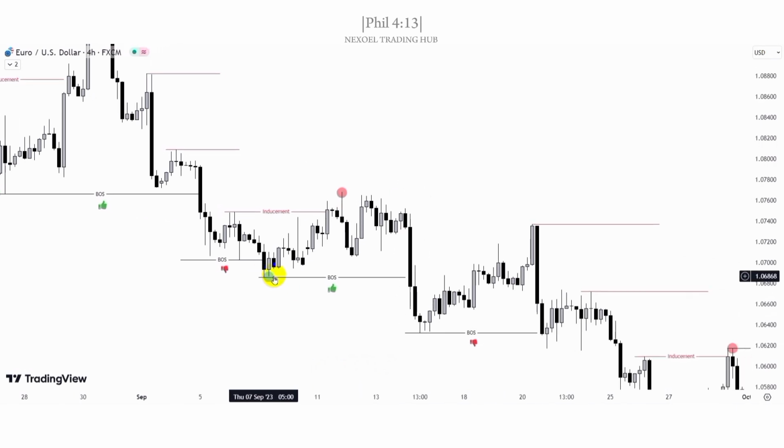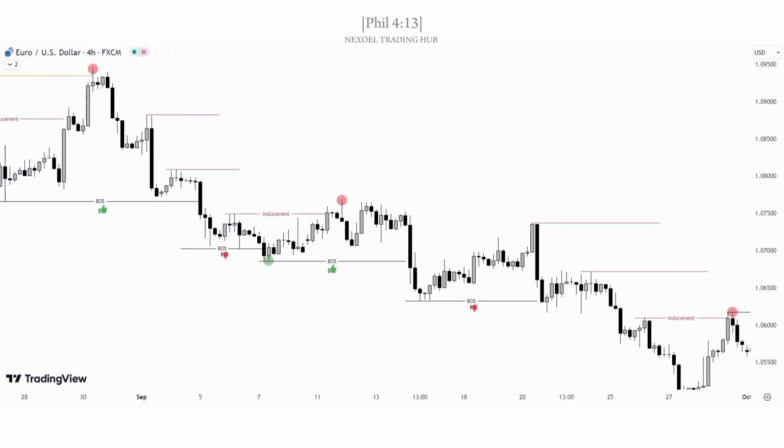We have a valid break of structure here because we can see that this candle body closed below the swing low. So basically, you can see that we have this impulsive leg move from this high to this low, and this is the pullback. These are not structures to be considered. These are just minor structures.